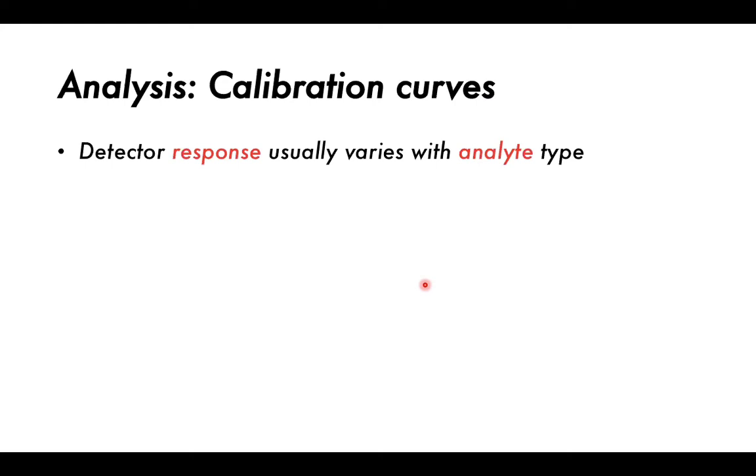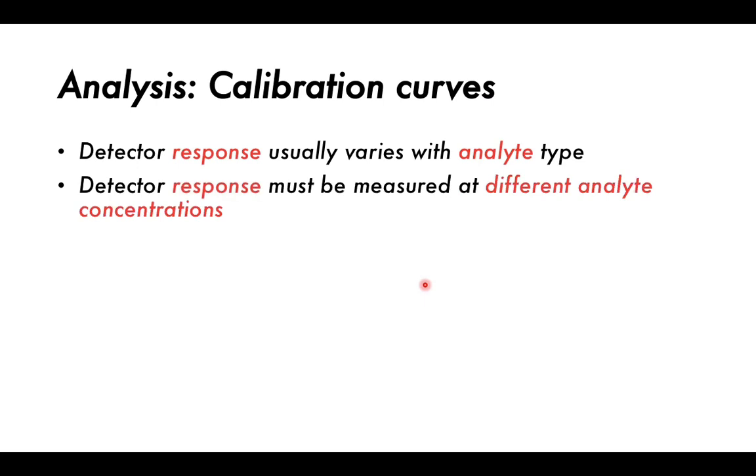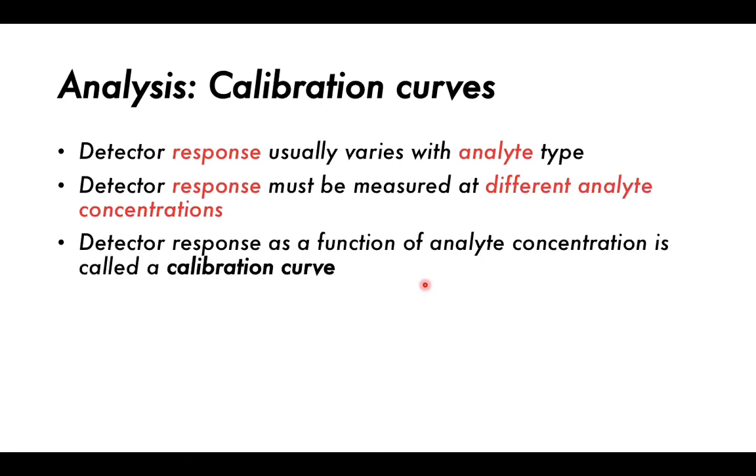But we can overcome this problem relatively easily using calibration curves. So detector response must be measured at different analyte concentrations to ensure reliability. And this will also help us to formulate a correct concentration for our unknown sample, which is in this case our chocolate bar. And so detector response as a function of analyte concentration is called a calibration curve.